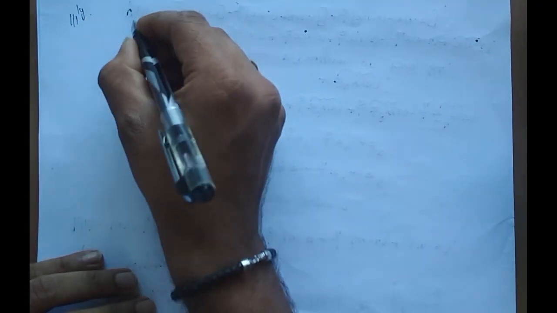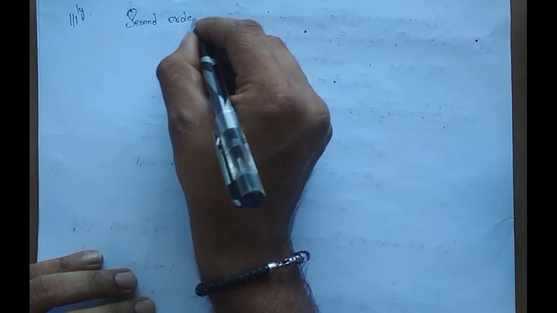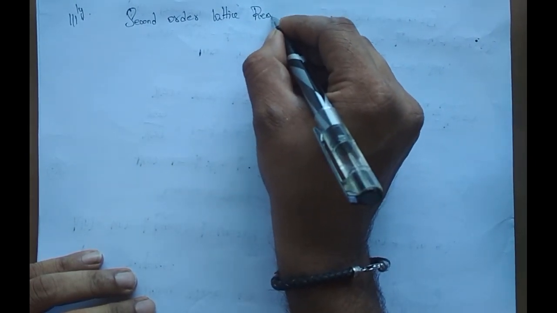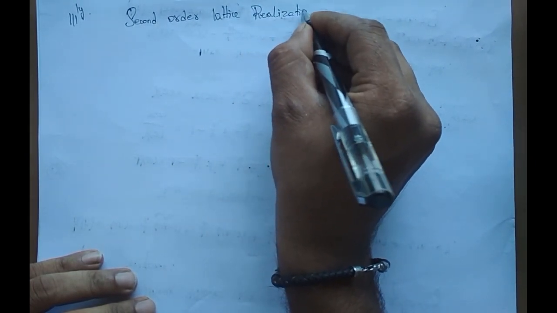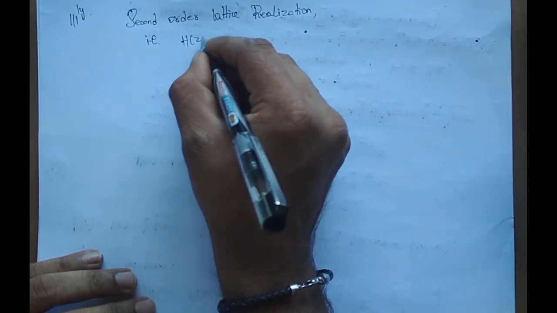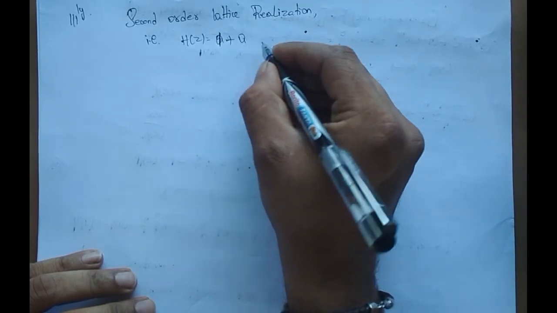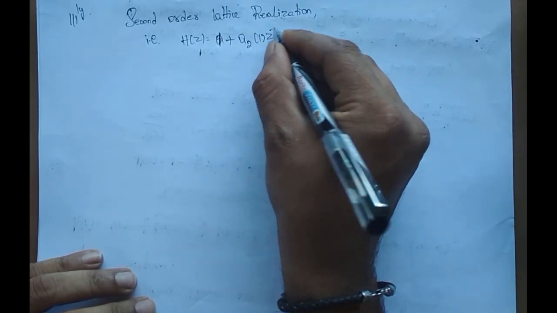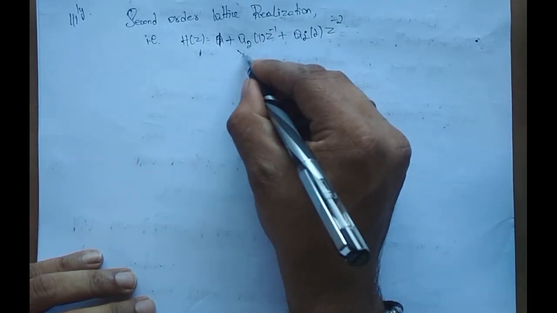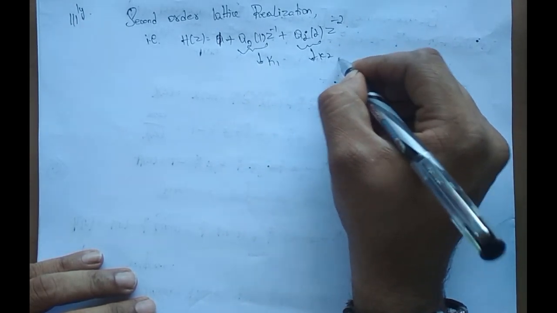Similarly for the second order lattice realization, in terms of a's, I can write H(z) is equal to 1 plus a2(1) z^-1 plus a2(2) z^-2. Whereas in terms of lattice structure, this is k1 and this is k2.